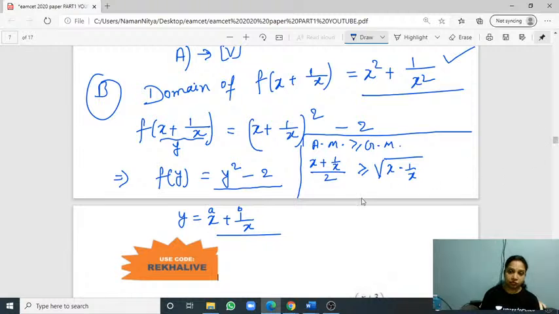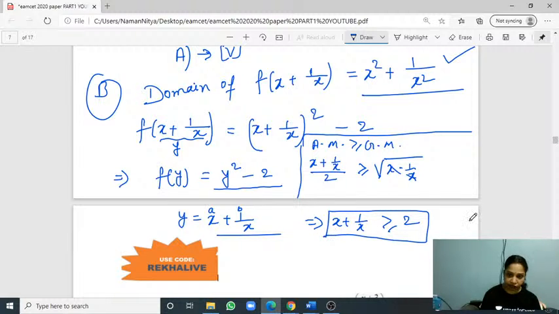With the help of this, I can say x plus 1 by x is greater than or equal to, this will definitely be 1, and if 2 goes here, it will be greater than or equal to 2. This is the first equation, you keep it.